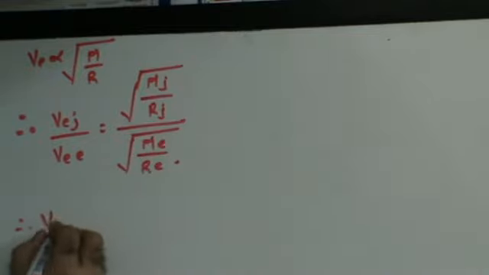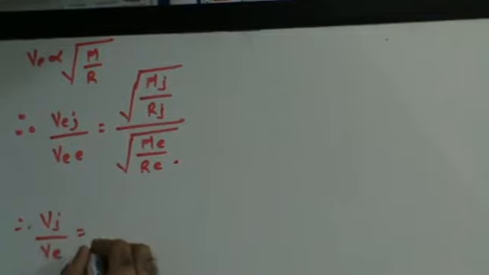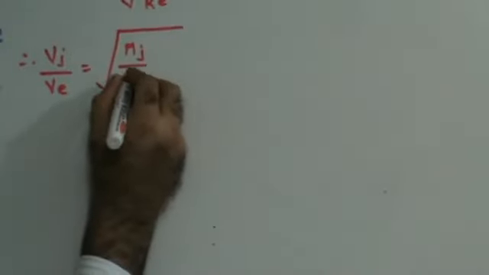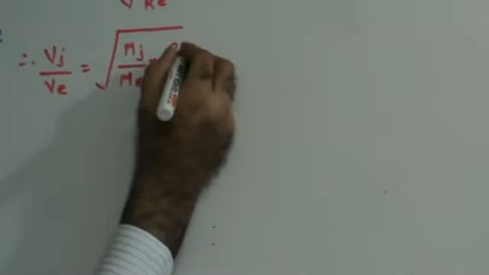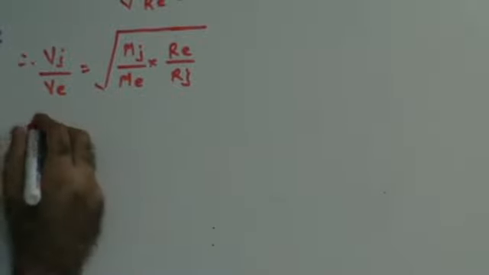Therefore, escape velocity from Jupiter upon escape velocity from Earth is nothing but square root of mass of Jupiter upon mass of Earth into radius of Earth upon radius of Jupiter. Right? Square both the sides, or you could just take this. Escape velocity from Earth is given to you.